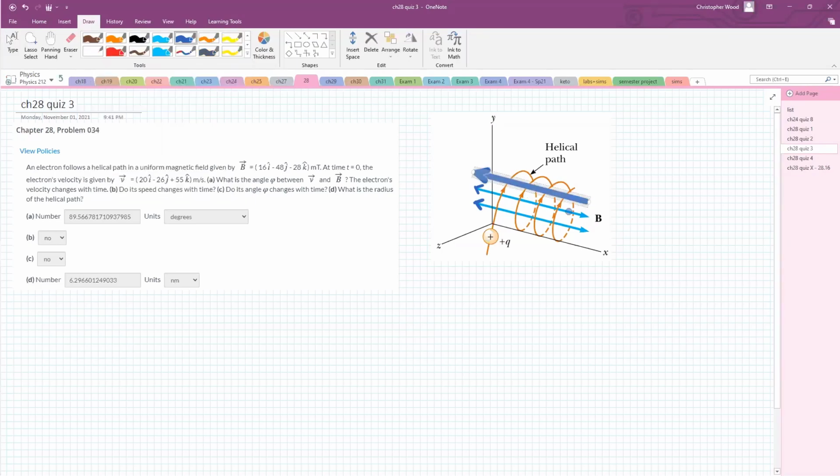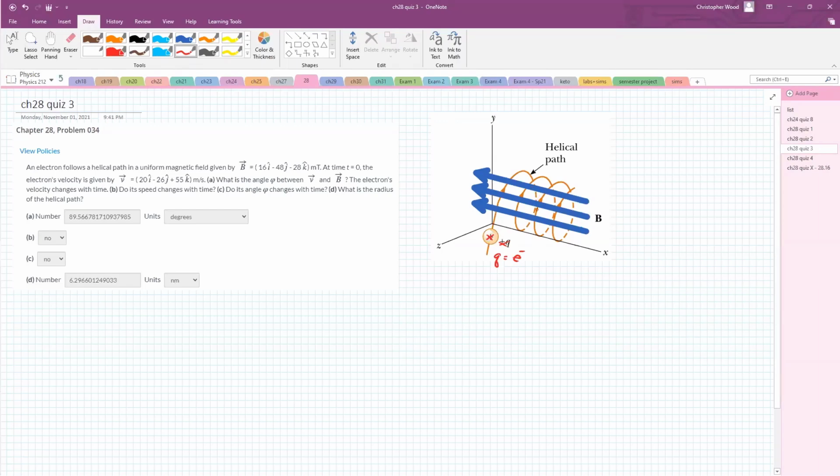We're just making a little visual update. If this is the direction of the magnetic field, and if this was an electron, okay, then that's accurate. And this is the helical path.